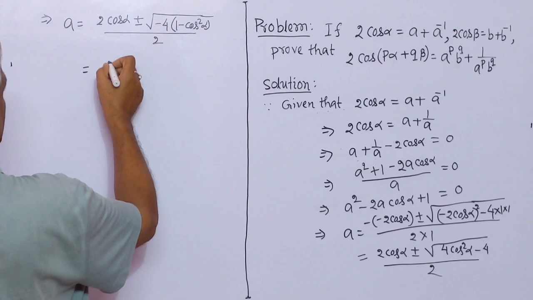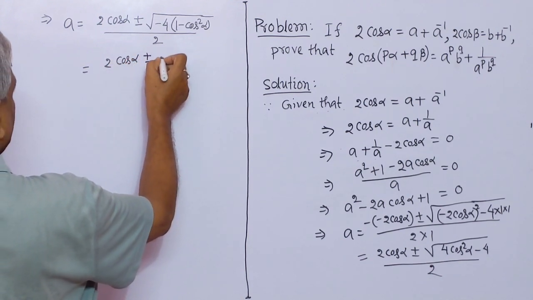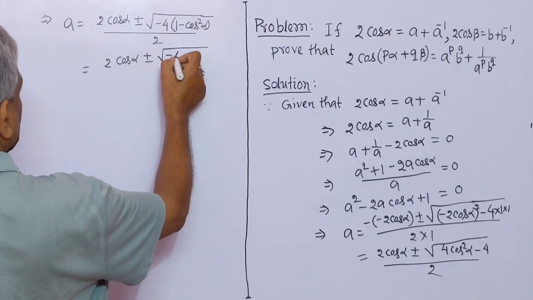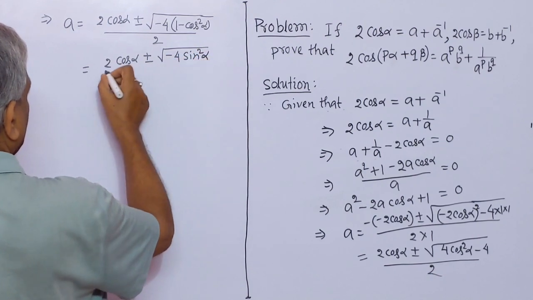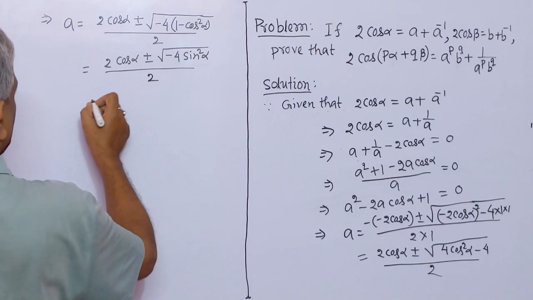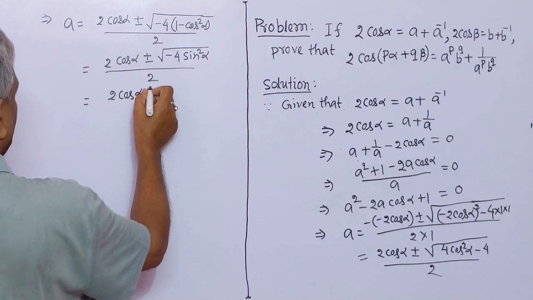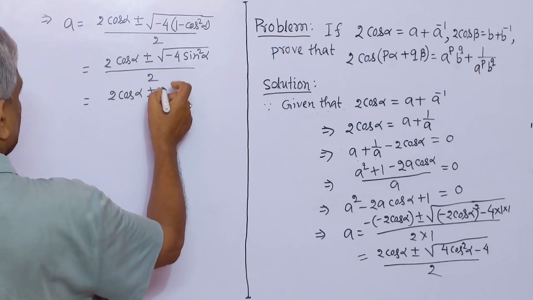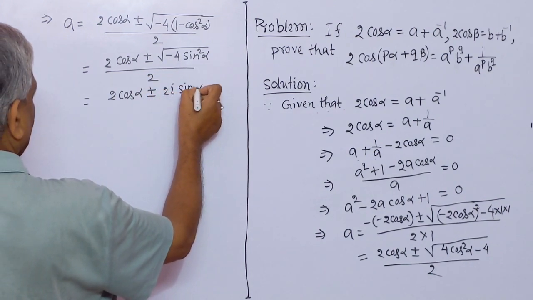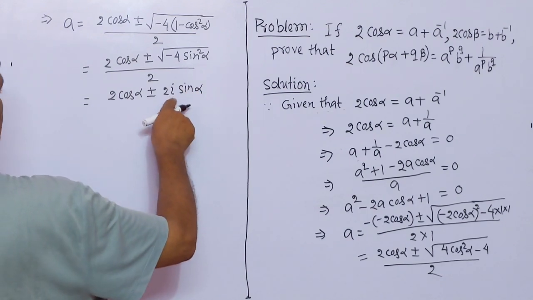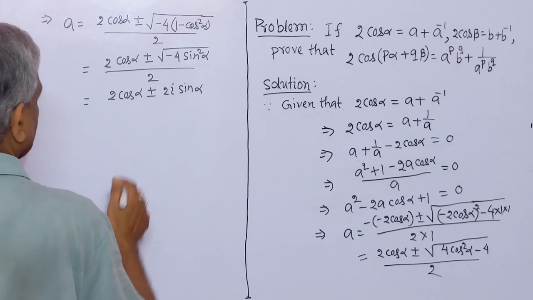This equals 2 cos alpha plus or minus the square root of minus 4 sin square alpha, over 2, which is 2i sin alpha, since squaring it gives minus 4 sin square alpha.